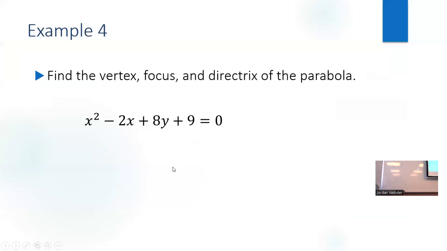I want you to take a moment and do the same thing with this parabola. x squared minus 2x plus 8y plus 9 is equal to 0.